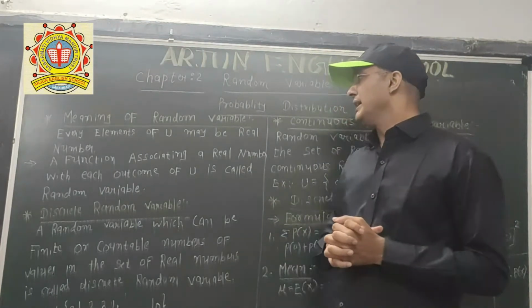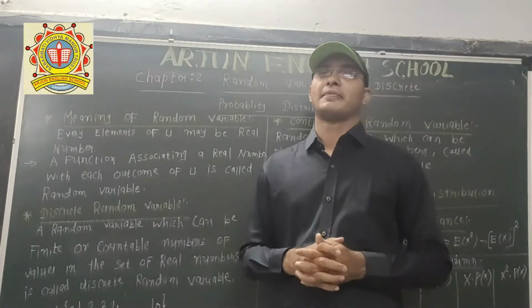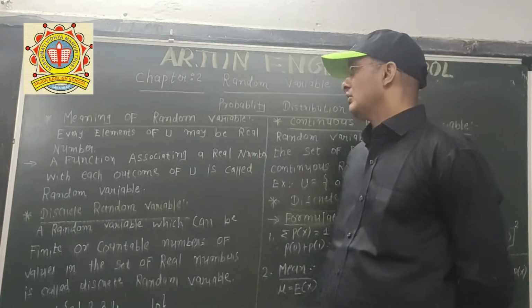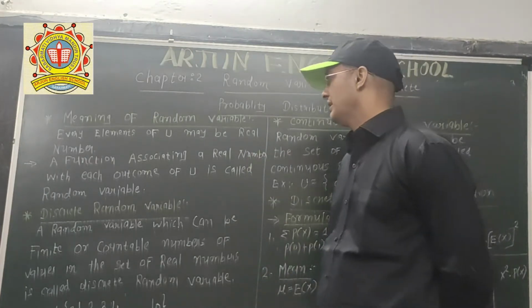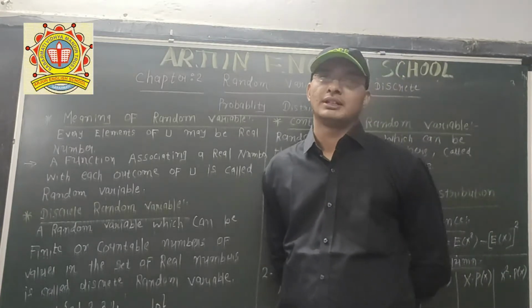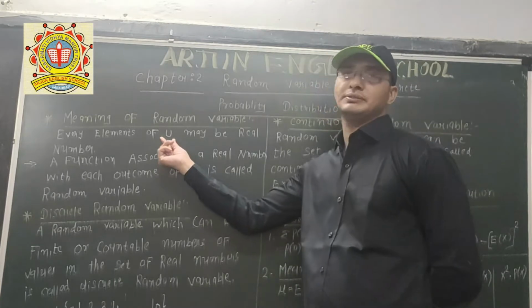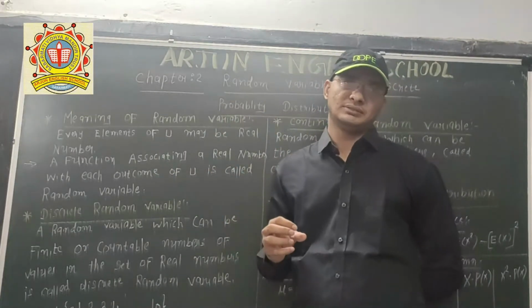First point, that is, meaning of random variable. Every element of U may be a real number. It means the universal set includes all the elements.